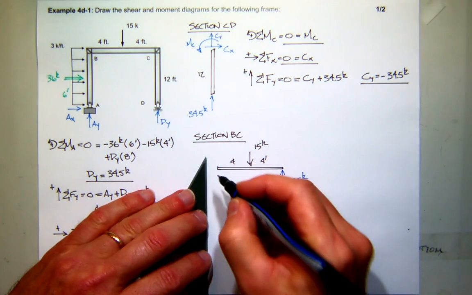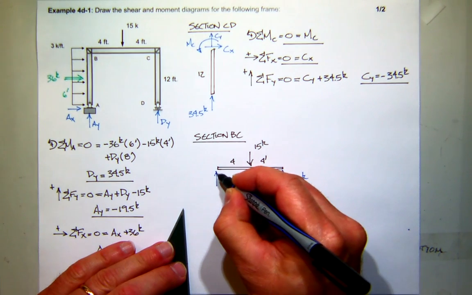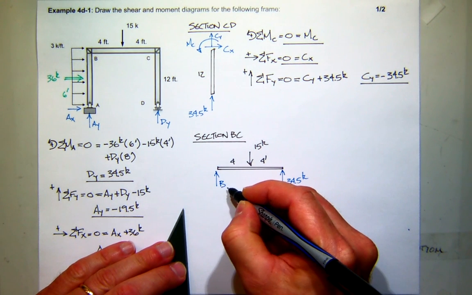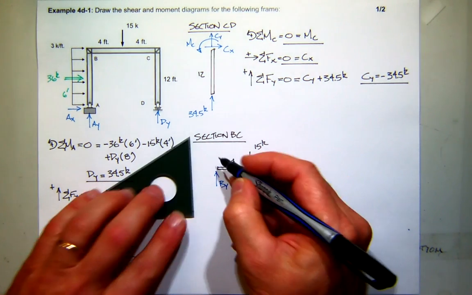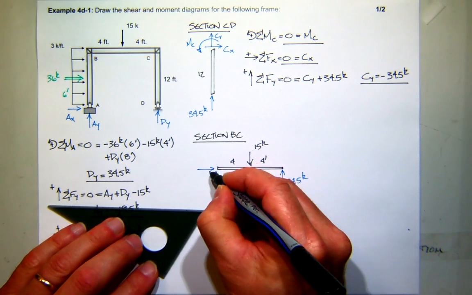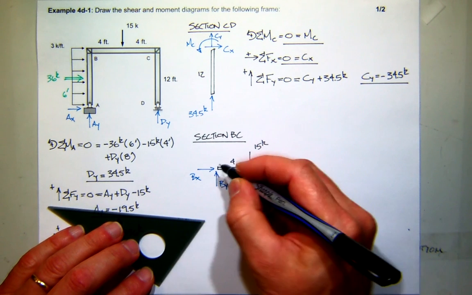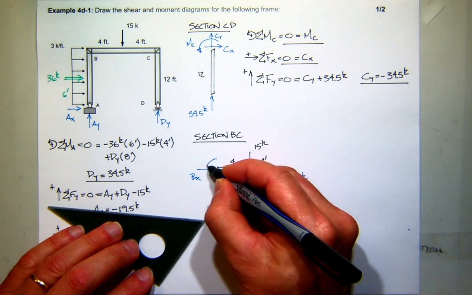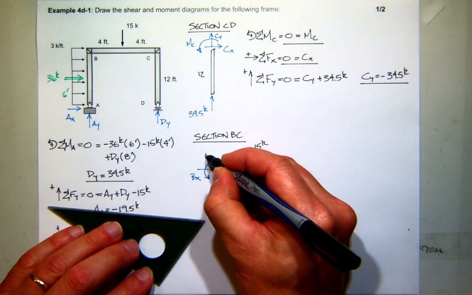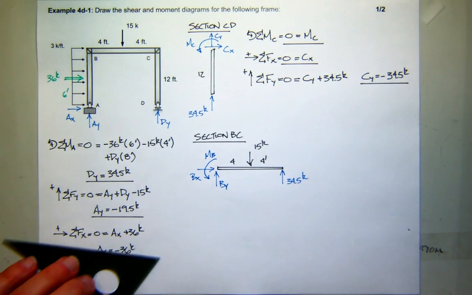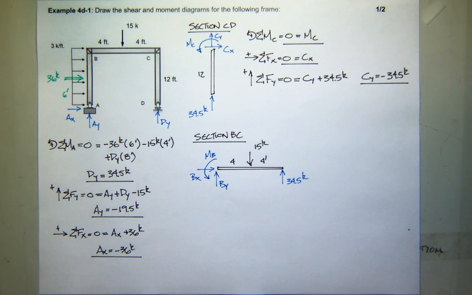And then I'm going to assume over here positive in the Y direction, positive in the X direction, and with my right-hand rule I'm going to assume my moment is positive there. So I just need to find those values.